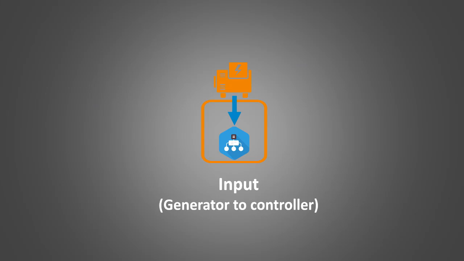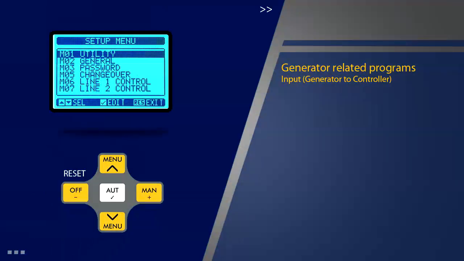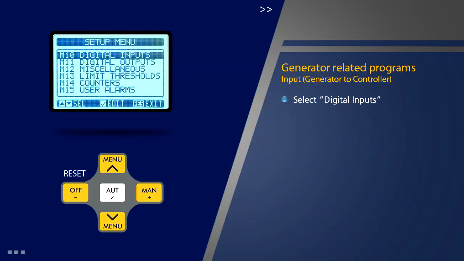Input, generator to controller. Feedback from generator is to be connected to terminal 19 of input 5 of the controller, and the same is to be programmed as follows. Select parameter 10, digital inputs on the setup menu page and press OK.